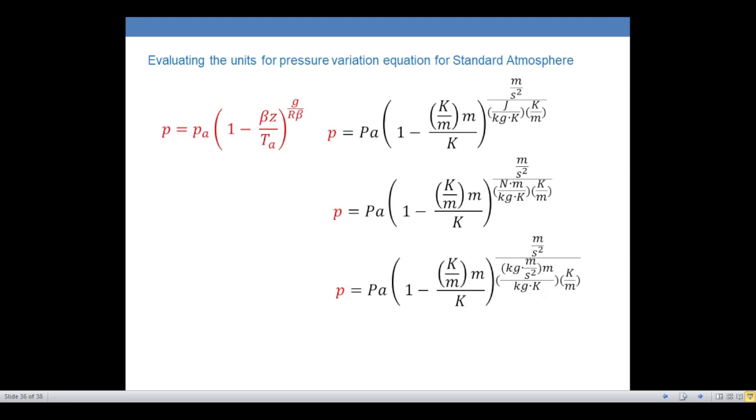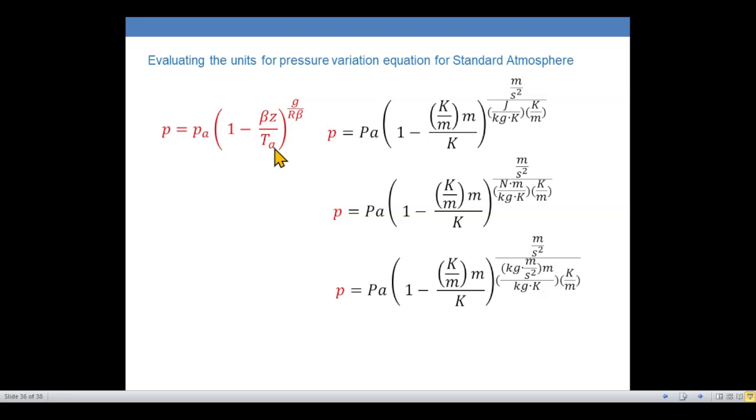If we look at it clearly, the beta here, or the lapse rate, is expressed in Kelvin over meter. The Z, the altitude or the elevation, is expressed in meter, and the TA, the temperature at sea level, is expressed in Kelvin.